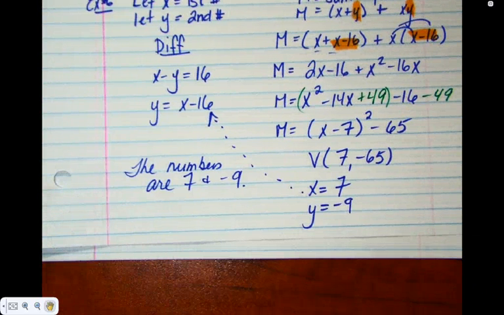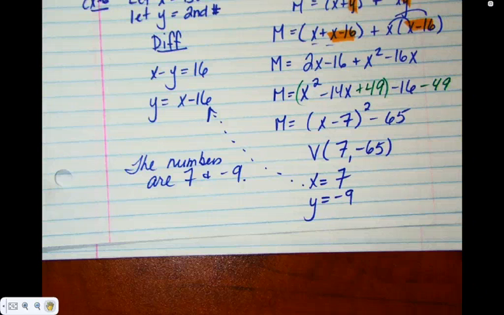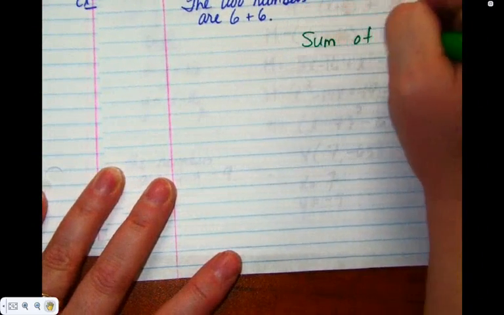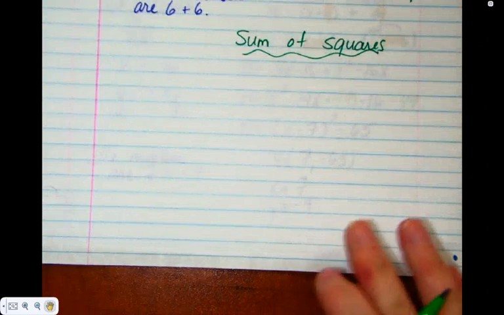Just want to talk about one of the homework questions before you get there. What it's going to say is the sum of their squares is a min or a max. Sum of their squares. So let's just talk about how you'd set up that equation before you get to it. I would just jot that down where you have room.